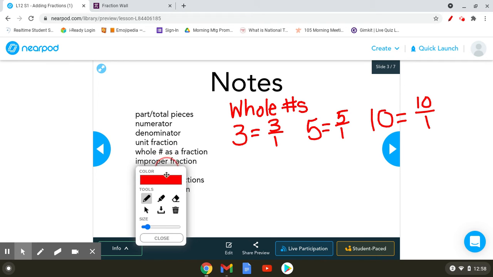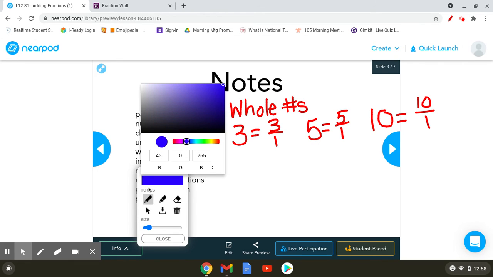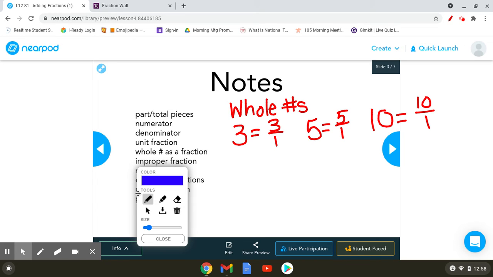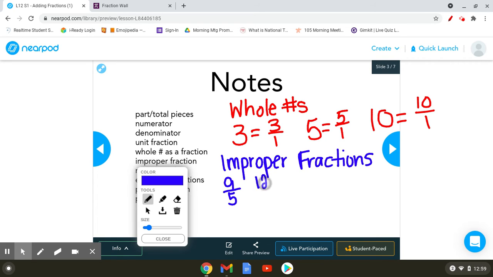So something else that we like to talk about when we're dealing with fractions is improper fractions. Improper fractions. So I'm going to list some examples of improper fractions, and then try and see if you can list some more examples that would fit what you say. 9/5 is an example of an improper fraction. 12/3.